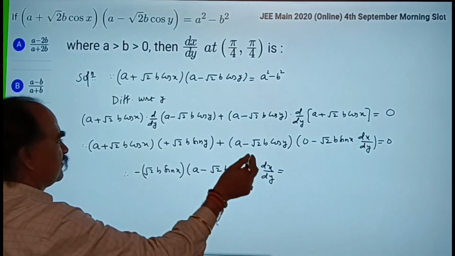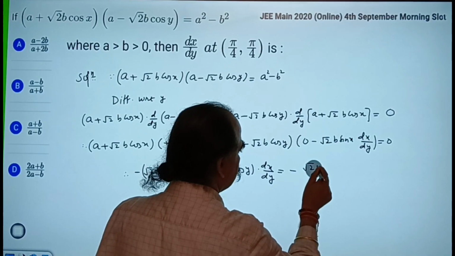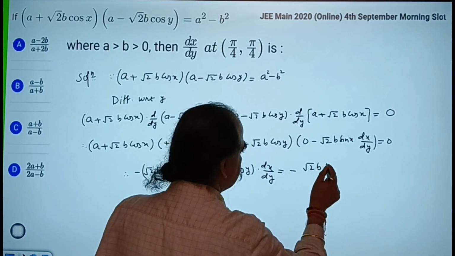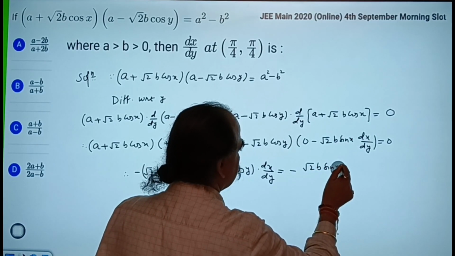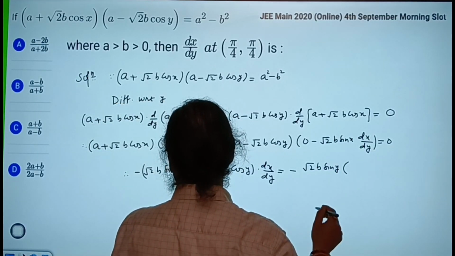And this you transfer to that side, so it will become negative: minus root 2b sin y into a plus root 2b cos x.